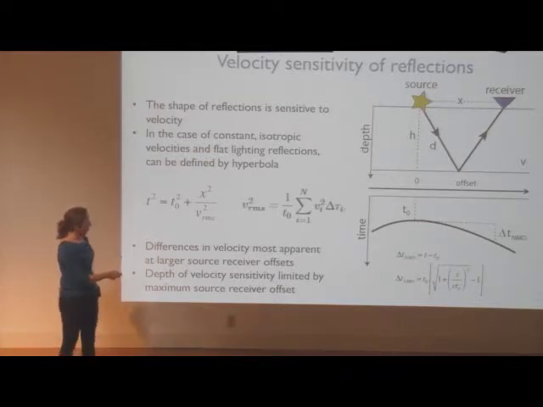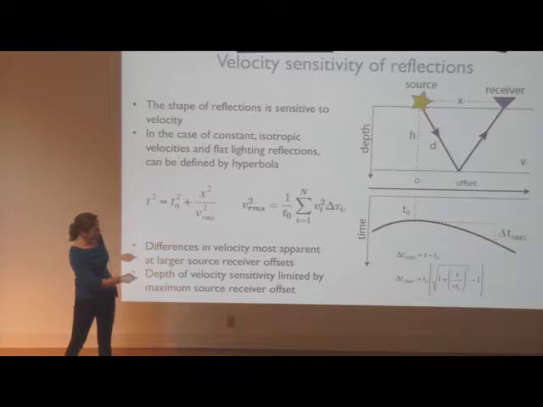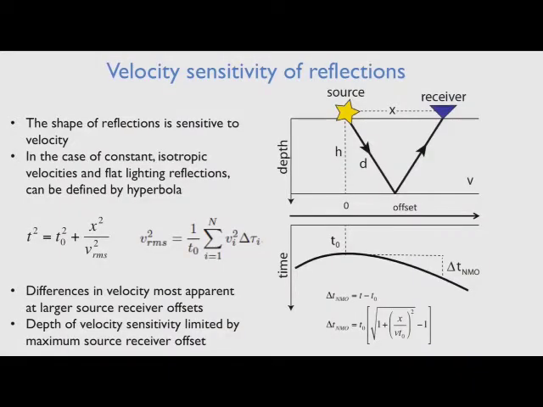The things I want to emphasize here are that this is sensitive to velocity, so we can get velocity information, and that the main thing we can measure is what we call normal moveout, which is how much the travel time changes as a function of offset.